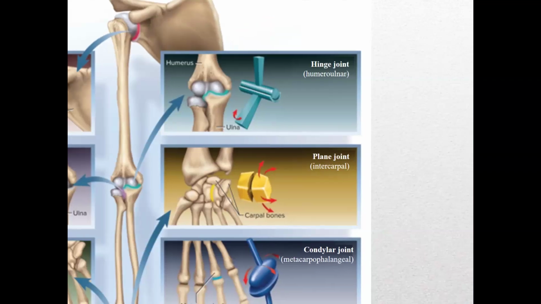Hinge joint would be elbow, knee, and fingers and toes. Elbow, knee, fingers, and toes, hinge joints, meaning they open and close like a hinge. They don't rotate. They don't move side to side. They only go one way or the other, like a hinge, right? So elbow, knee, fingers, toes. Is that fair?